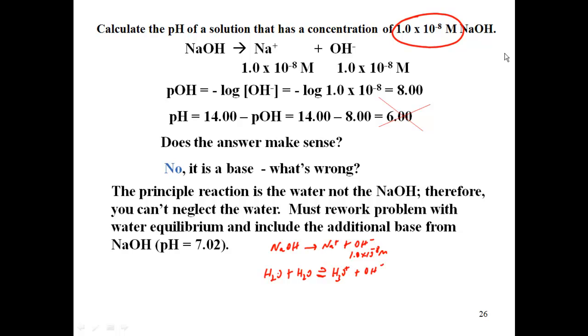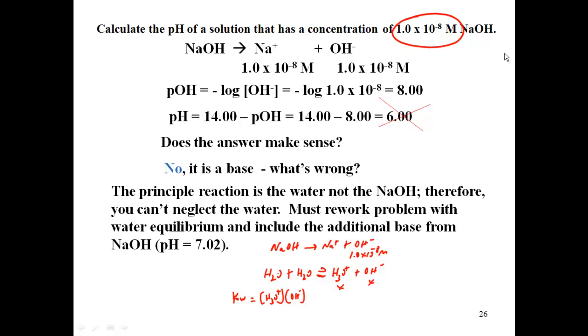And we know to figure out that equilibrium through Kw, we have a relationship of hydronium at X and hydroxide at X, which we plug into that equation and solve for.